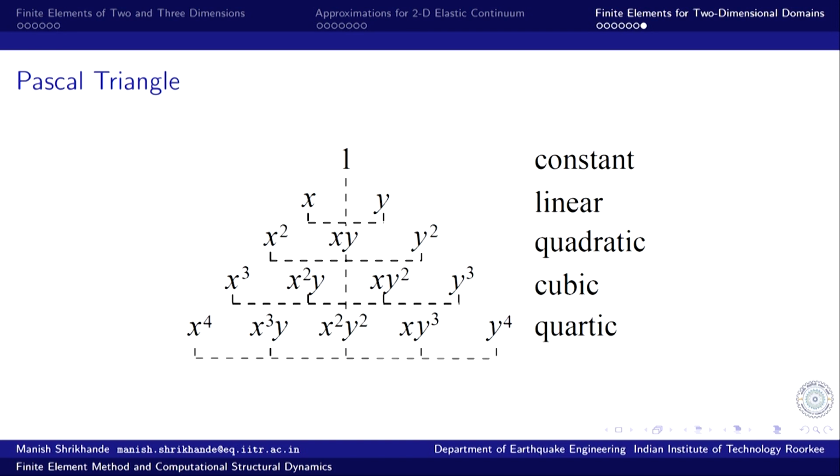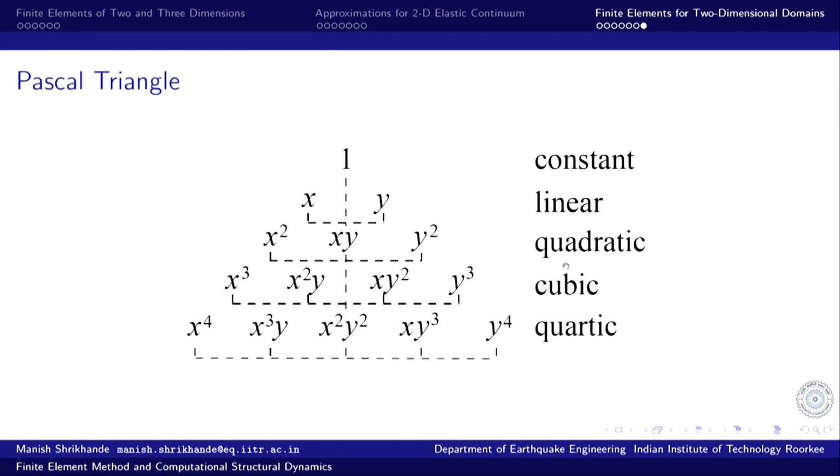And similarly, you can expand this polynomial, but for finite element approximation, of course some of the terms can come from higher order terms, but as far as complete polynomial is concerned, we rarely go beyond quadratic, second degree complete polynomial.